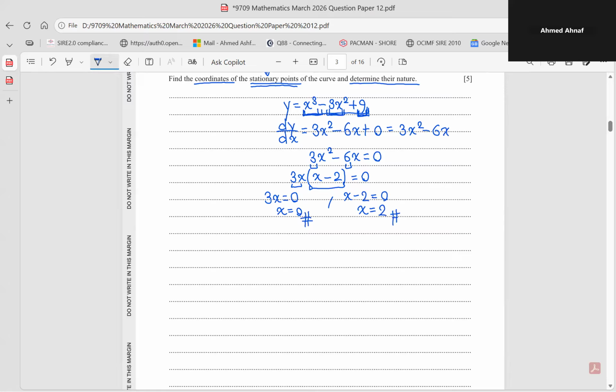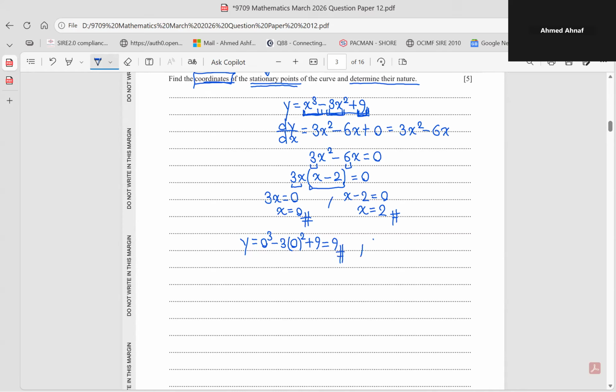However, they ask for coordinates, so we also need to find the y coordinates. Just substitute these x values back into the original equation. So y equals x cubed, so 0 cubed, minus 3 times 0 squared, plus 9. That basically gives you 9. So this is the y coordinate for x equals 0.